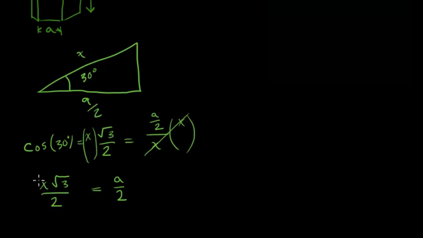Now we'll multiply both sides by the reciprocal of the square root of 3 over 2 so that we cancel them out from this side. So we'll multiply this side by 2 over the square root of 3. And now we see that, because the 2's cancel out, x is equal to a over the square root of 3.